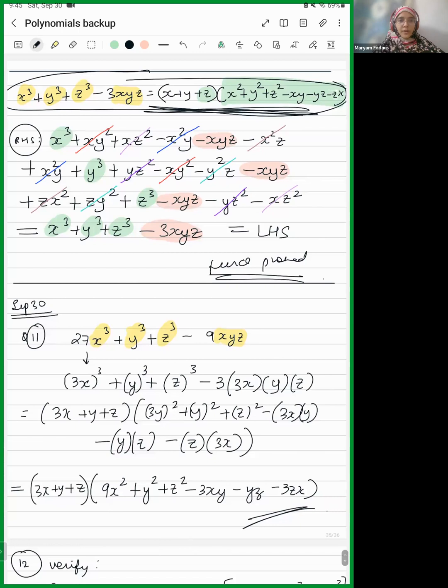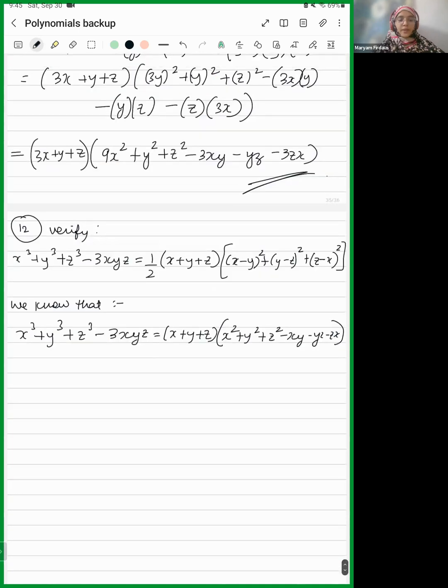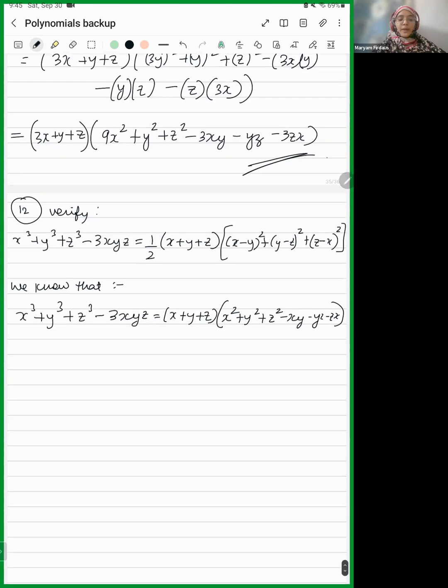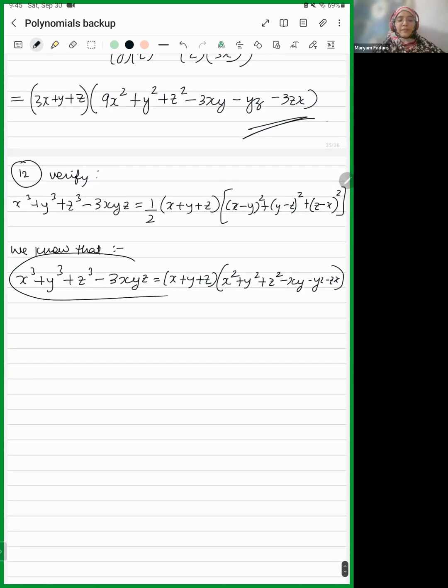All right. So from here, now who will tell me from here, how can we get to here? See, everything in the left hand side, you have to multiply with the right hand side. No. See, you have the right hand side. You are given this. This is something we already know.